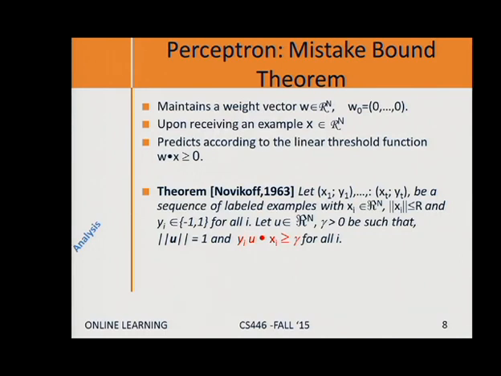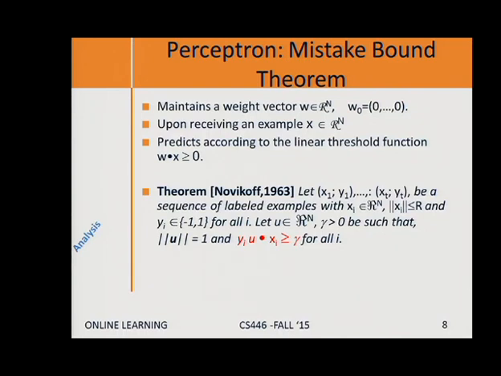Yes, no? Only two options? Not an assumption at all, right? Because I gave you a finite set of x's. Clearly, there is some R that bounds the size of all these x's. Take the max over all the examples. So it's just a notation. I can always say this. And yi is plus or minus 1.